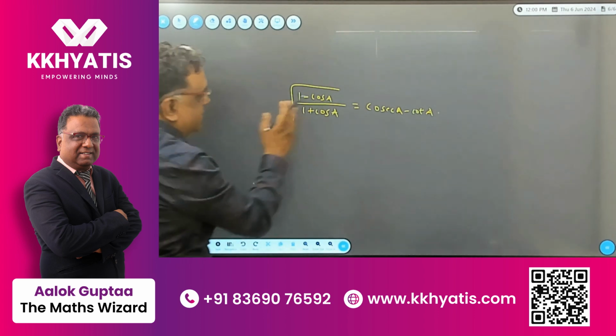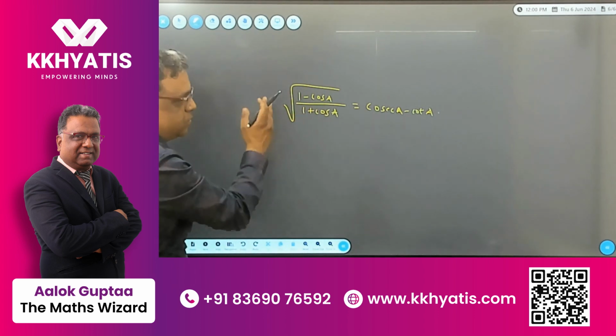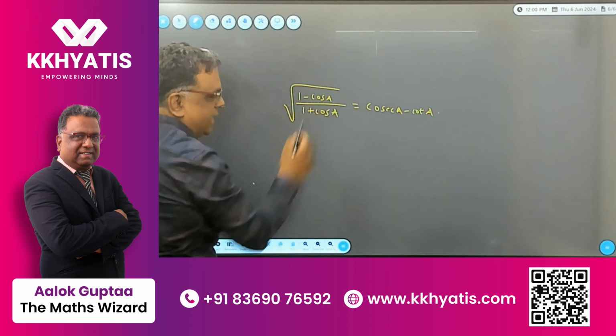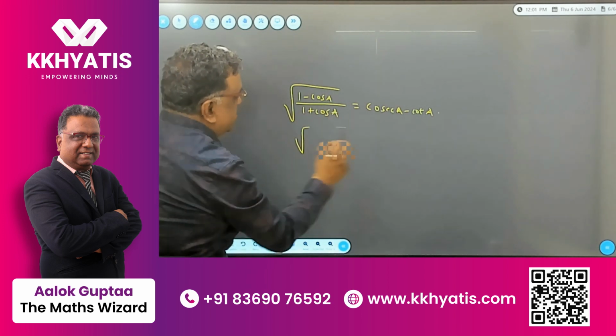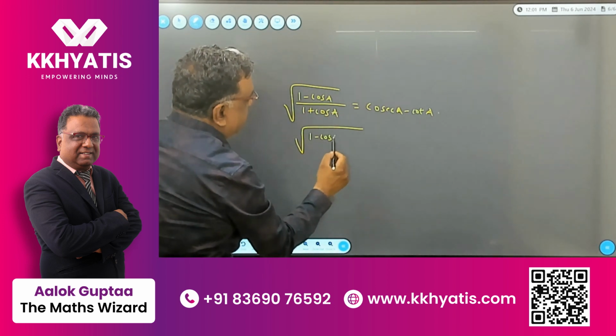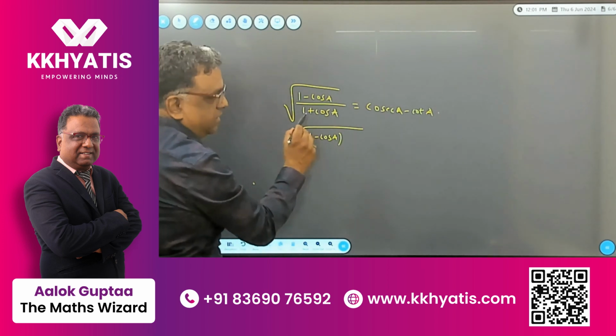And to remove the square root, I will need a square inside. So I will rationalize. How will I rationalize? I will rationalize basically the denominator.